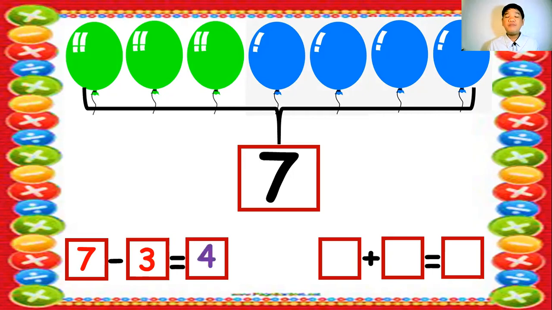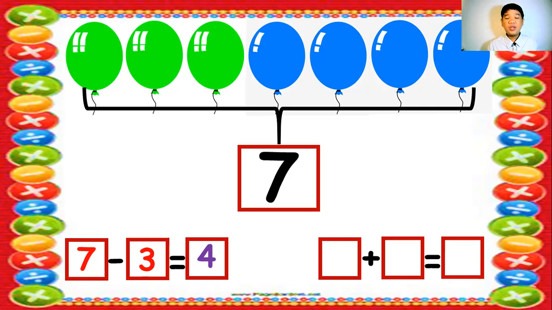Again, how many blue balloons do we have? We write first the total number of balloons minus the 3 green balloons, and the answer is 4 blue balloons.